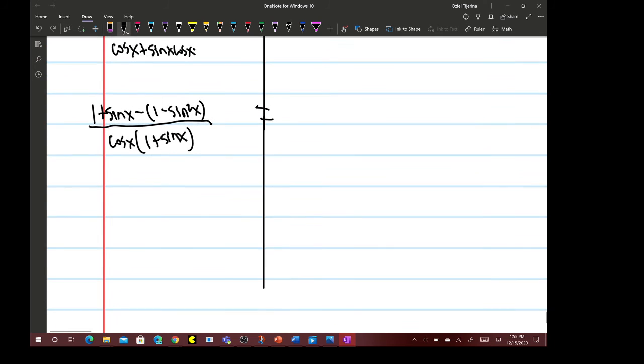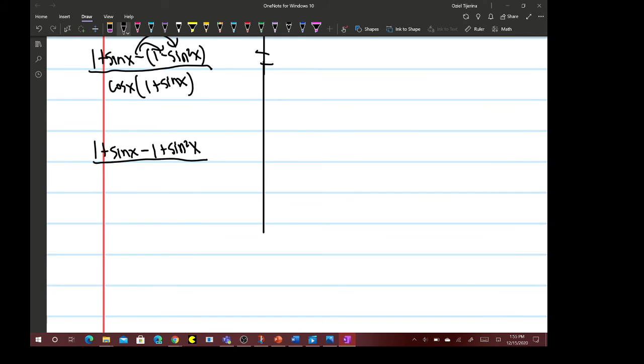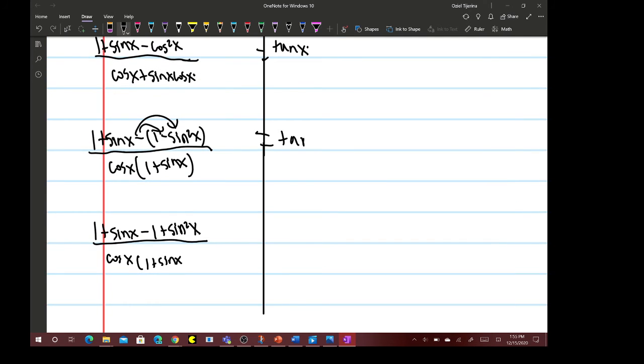Sorry, give me a second. So then you would have 1 plus sine x minus 1 plus sine squared x, because you're going to distribute this over cosine x times 1 plus sine x, and this is equal to tan x.